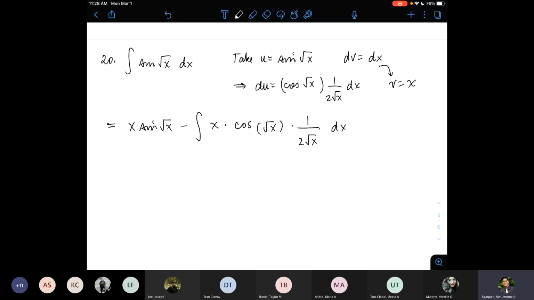And now what do we have here? We'll have x sine root x minus, I can put the 1/2 outside, and then I'll have root x times cosine root x dx.